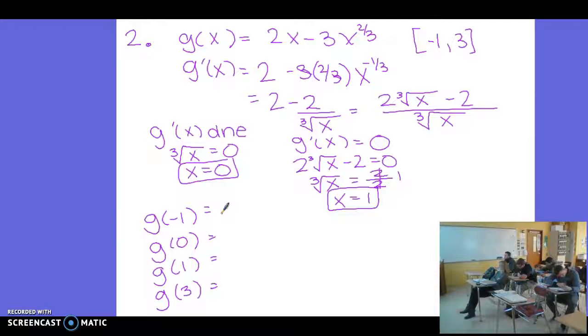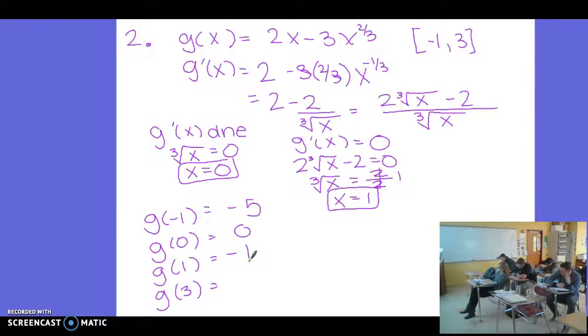If you plug in negative 1, you get negative 5. If you plug in 0, you get 0. If you plug in 1, you get negative 1.